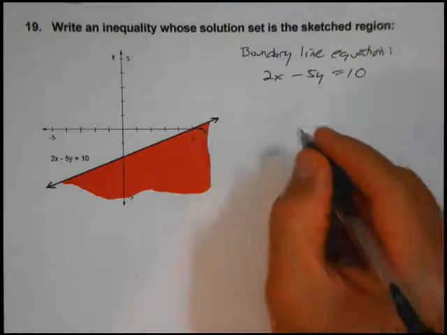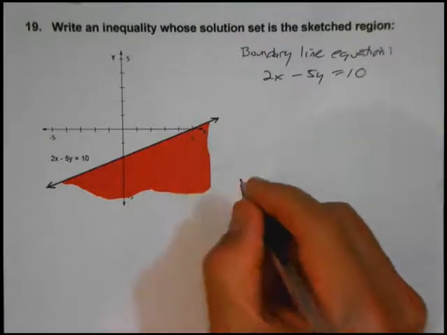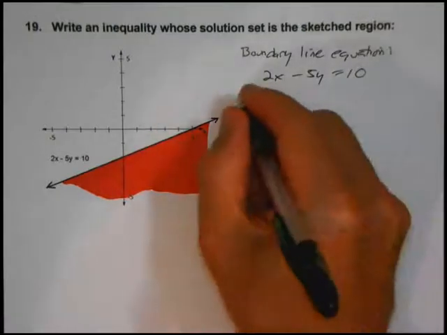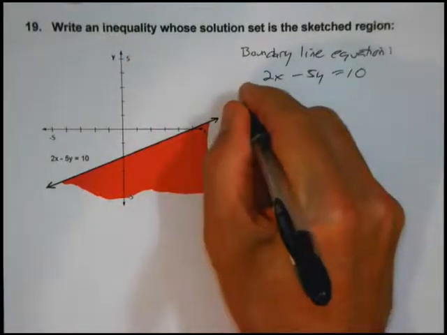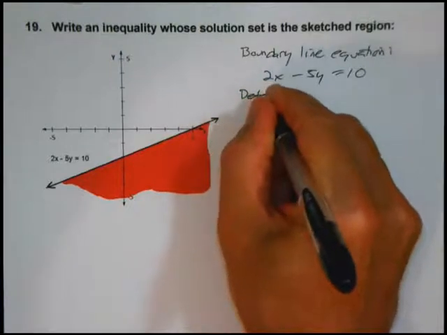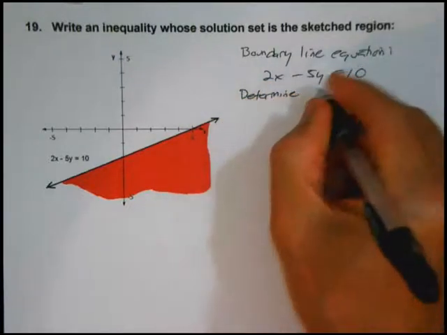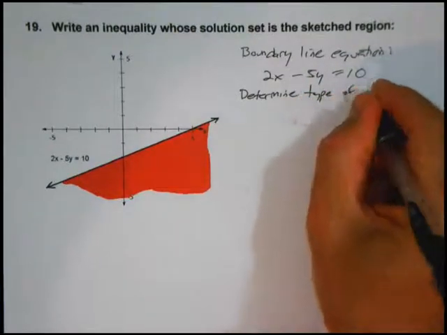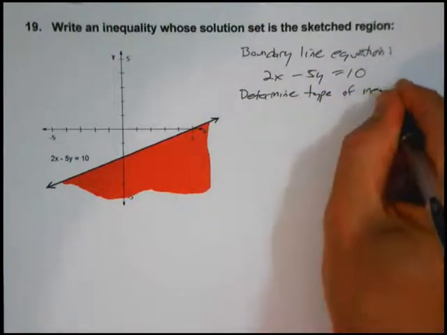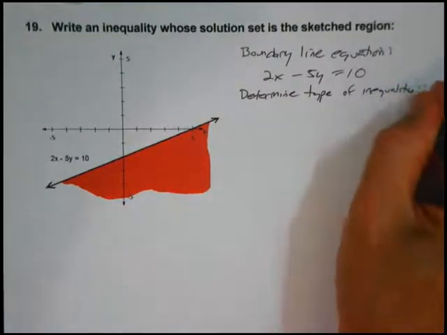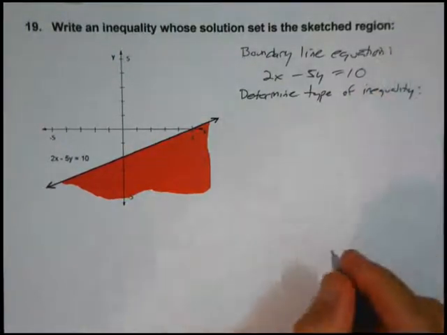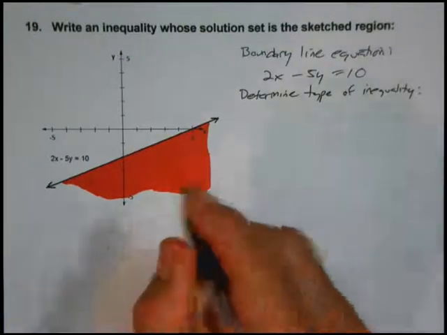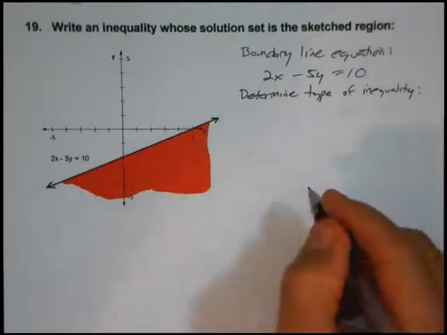But now, what about the direction of the inequality sign? Do we use a greater than or a less than sign? So how can we do that here? Determine the type of inequality. What we can do here, for example, is to say that 0, 0 is not in the shaded region.